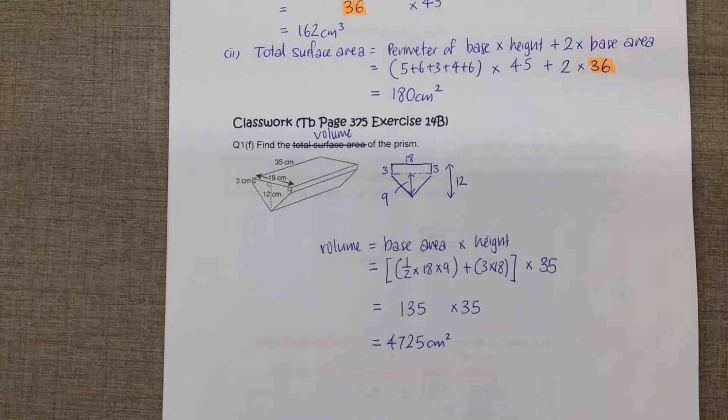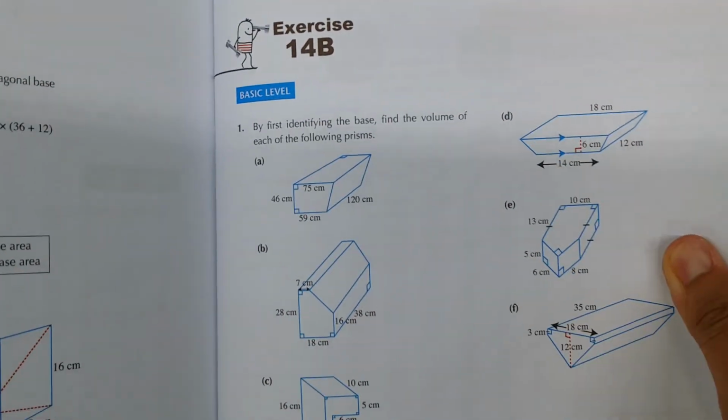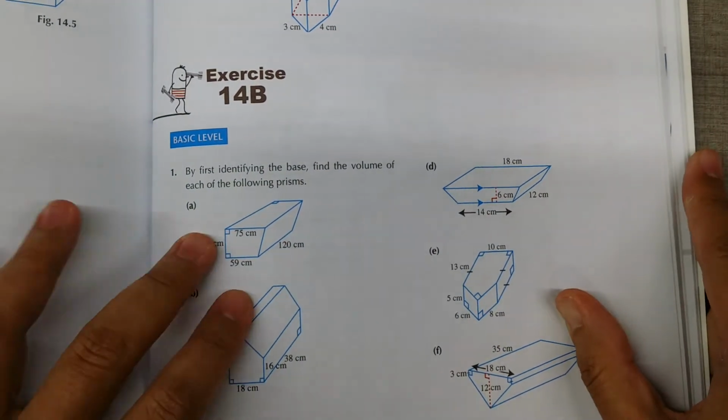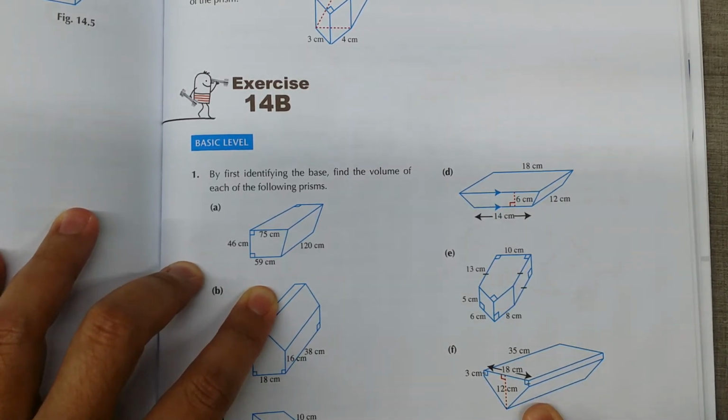Then please proceed on to homework 2. Take out a textbook and do homework 2, question 1D, 1F, and 4B. If you do not have your textbook right now, let me help you with that. Question 1D is here.